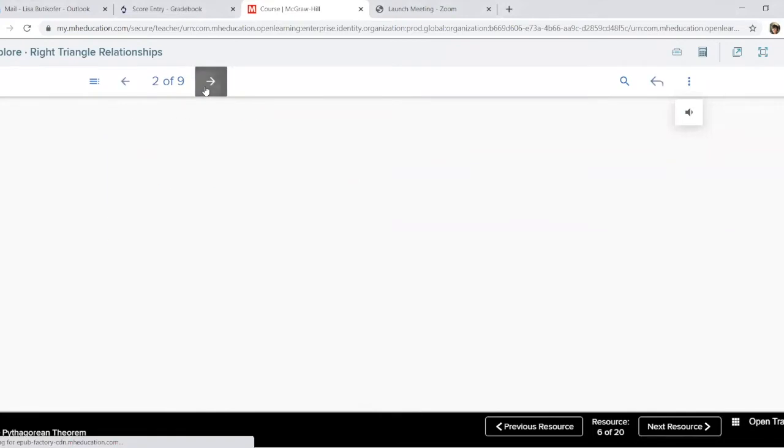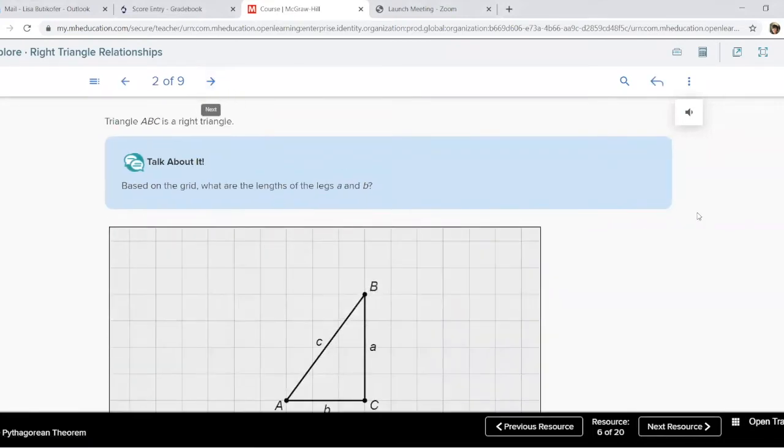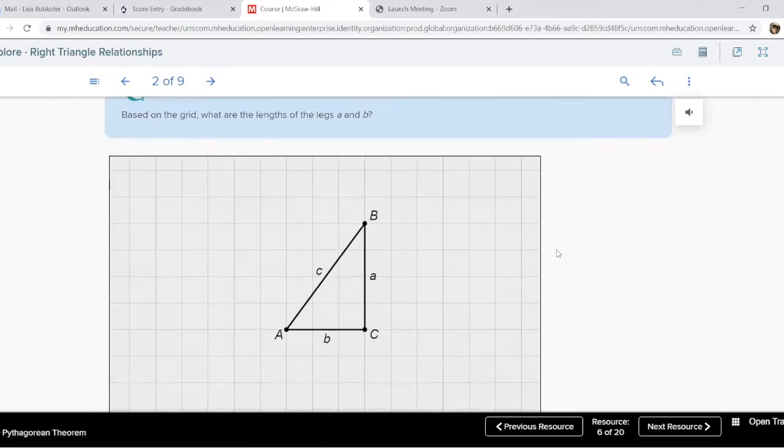If we have a triangle here, it's labeled ABC. Let's look at the legs, because this is your right angle right here. This is a leg, this one is a leg, and this is your hypotenuse.